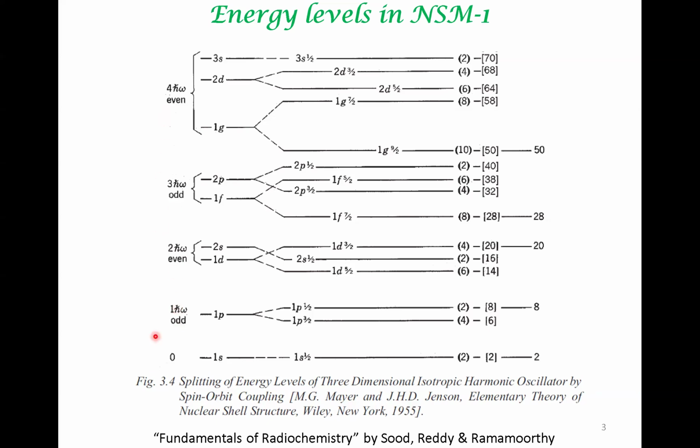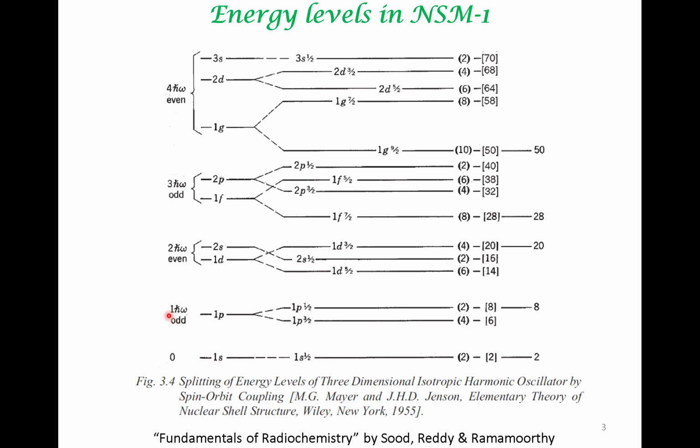For each capital N, we had specified what can be the L and small n quantum numbers, right? Within that constraint, that is capital N is equal to 2 times (n minus 1) plus L, if capital N is equal to 0, you can have only the 1s level.